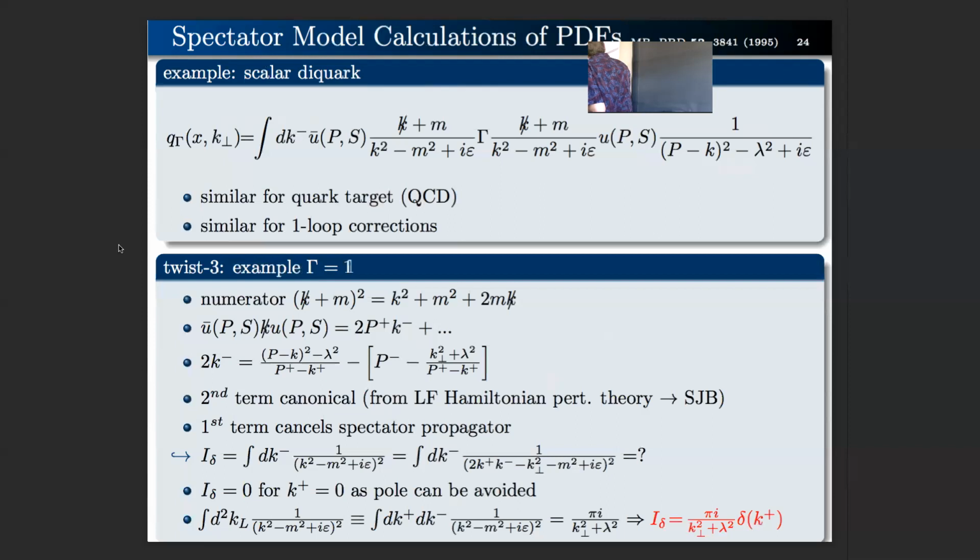What this term does is it cancels that denominator. And suddenly you only have poles from these two here. And in the K minus plane, the poles are on the same side of the real axis.